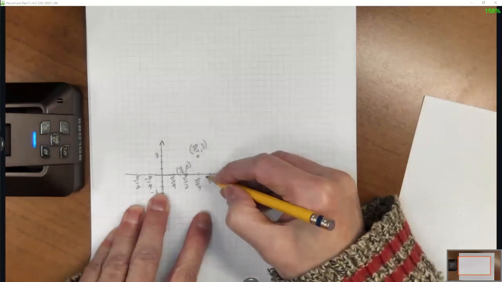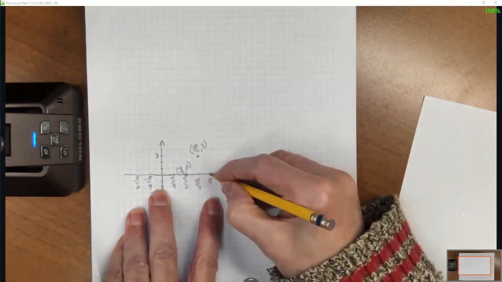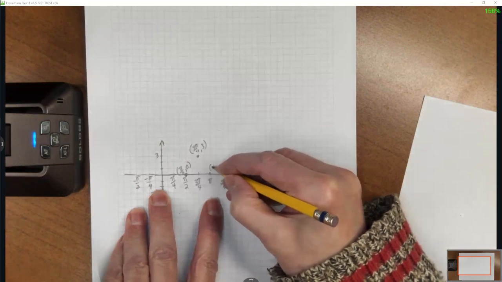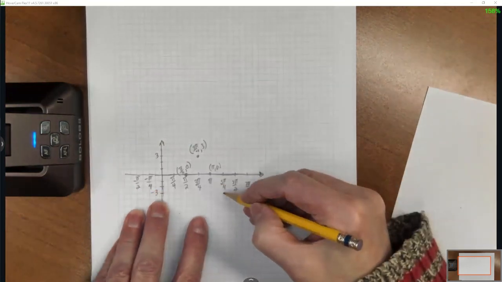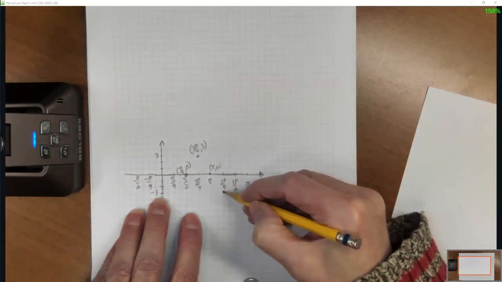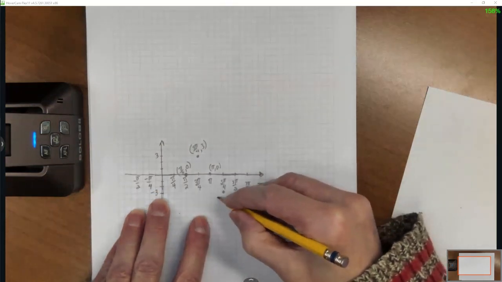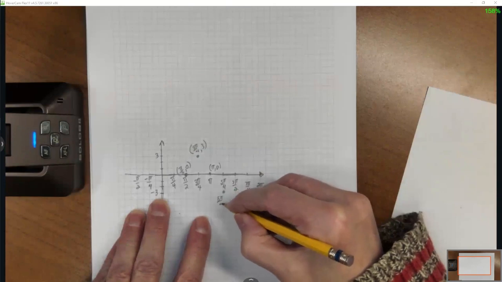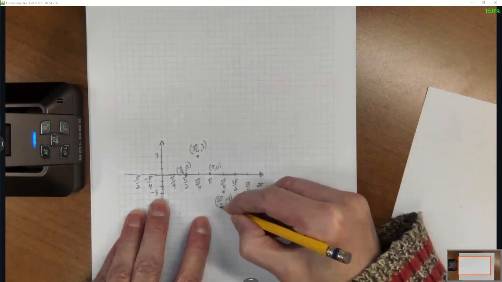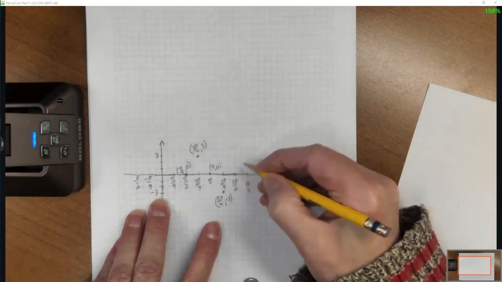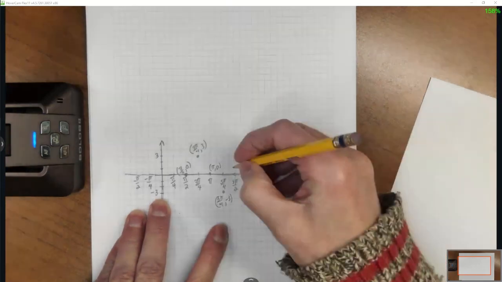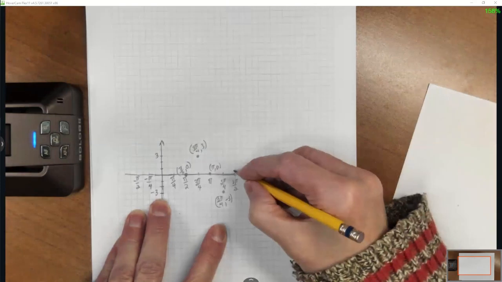And the next key point happens at pi, and that's pi, 0. 5 pi over 4, we get our -3. So that's 5 pi over 4, -3. Get another 0 here at 3 pi over 2, and that ends one cycle.